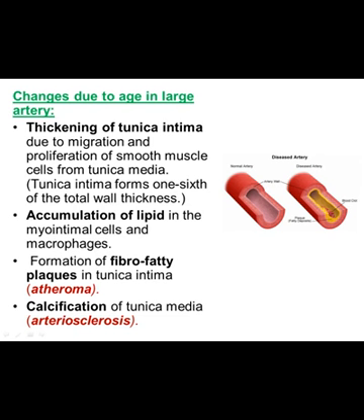Second change is accumulation of lipid in the myointimal cells and macrophages. Next is the formation of fibrofatty plaques in tunica intima, that is called atheroma. And the last one is the calcification of the tunica media.